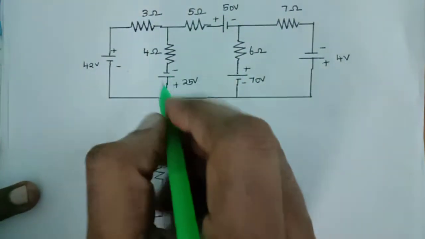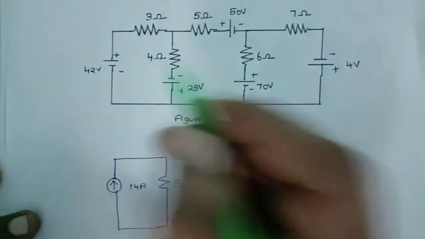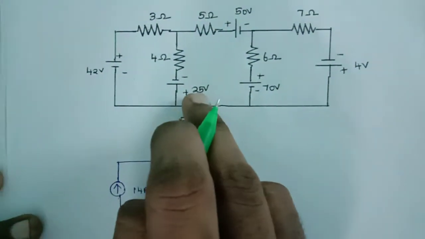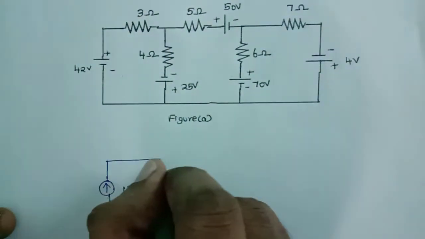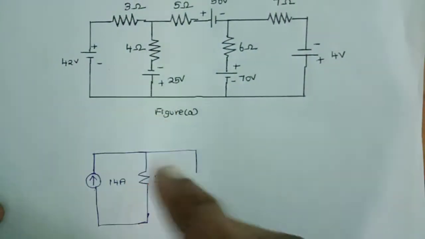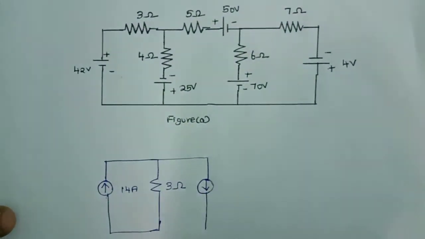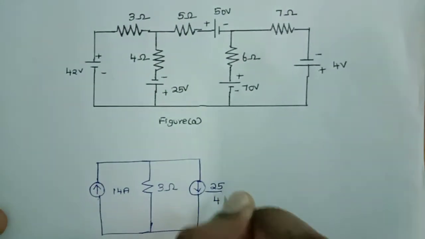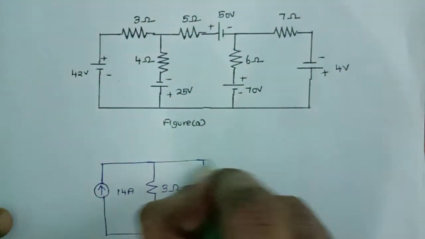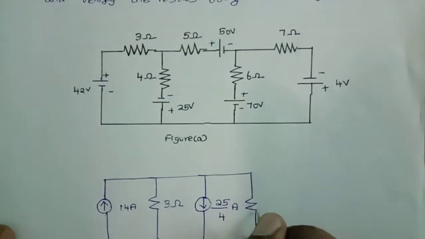Again you see here this 25 volt is in series with 4 ohm. So again I am converting this 25 volt into a current source, drawing the arrow as pointed here. By the fundamentals of Ohm's law, I equals V by R. Here V is 25 and R is 4, so 25 by 4 amps, in parallel with this 4 ohm resistor.